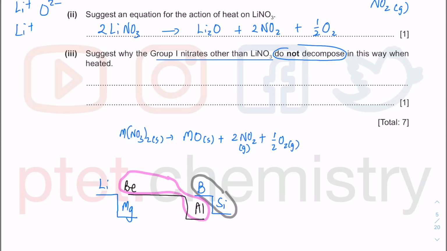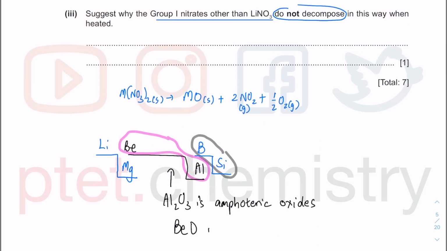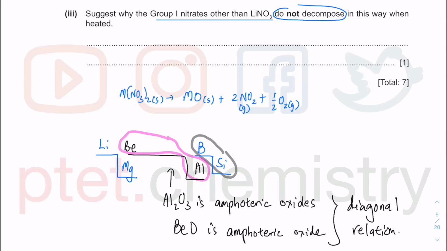So I'll give you an example. Al2O3 is an amphoteric oxide. Now, all of the group 2 oxides are basic except for beryllium oxide, which is amphoteric. And why is that? There is such a thing called diagonal relationship. What is the origin of this diagonal relationship? Like I said, it's no longer that relevant in your new syllabus, but this diagonal relationship arises as a result of very similar electronegativity.